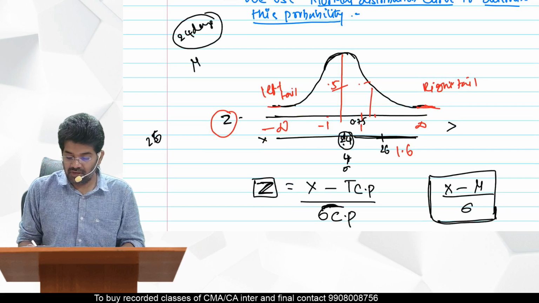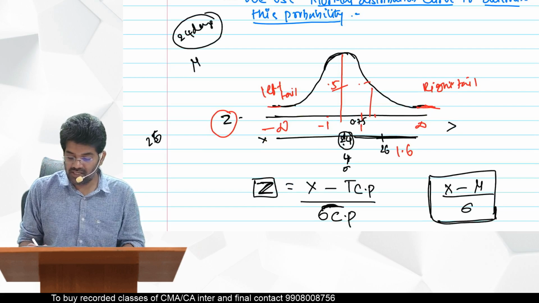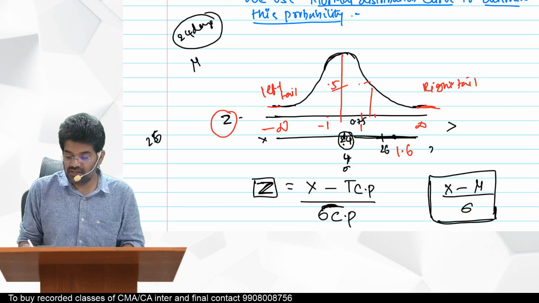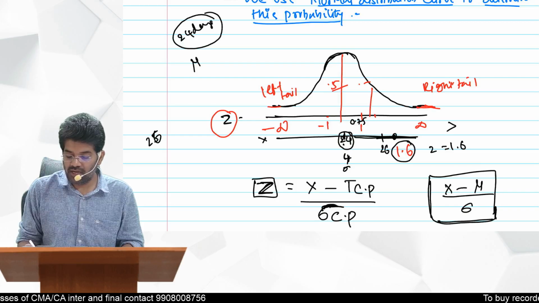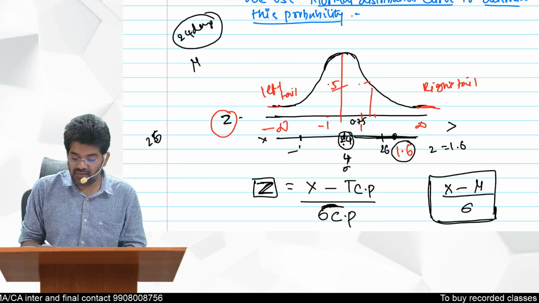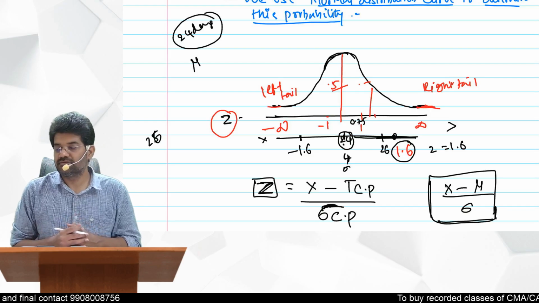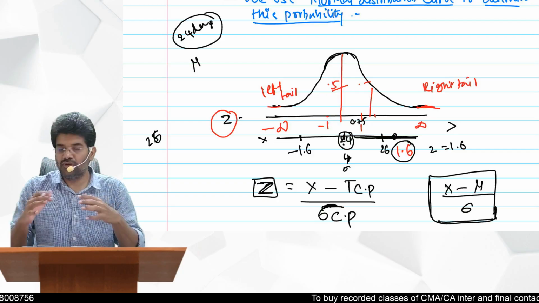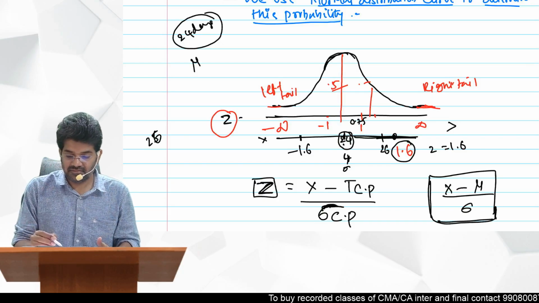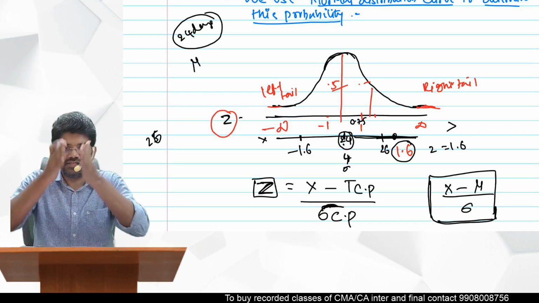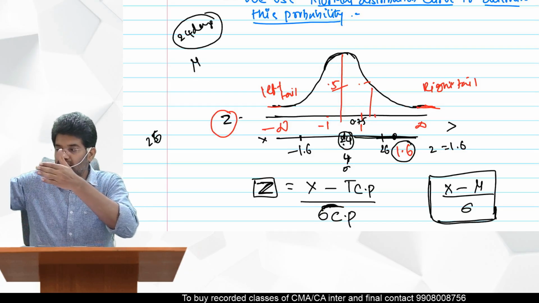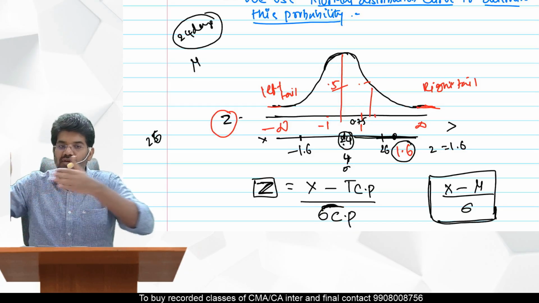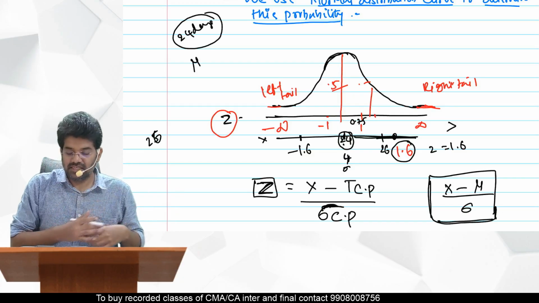For example, if the Z value is 1.6, whatever area we get for 1.6, the same we get for minus 1.6 also. Due to symmetry, whatever area we get for a positive Z value, the same holds for the negative Z value, only the sign is negative.